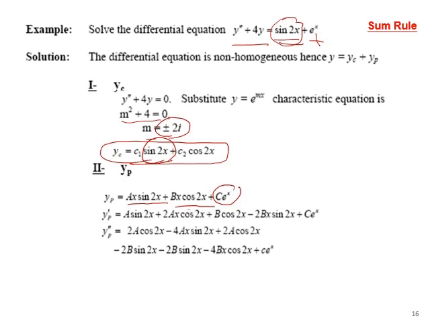Now I will go for the procedure later, but let me mention here something. Yes, this is the sum rule because I have here a sum of two different functions. But at the same time, this function here, I need to use modification rule also. Anyway, I got here the yp, I differentiate first, second, and then solve for the constants.